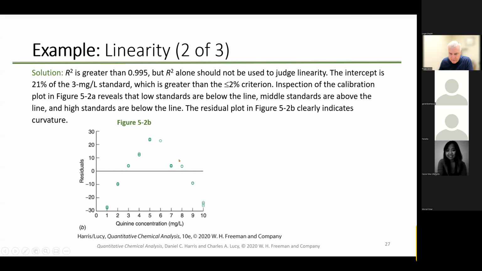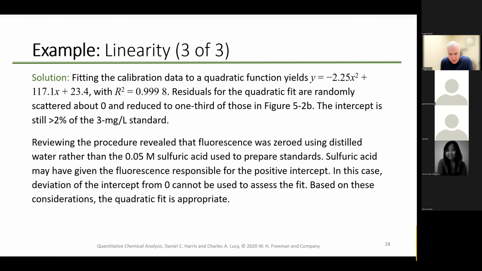It's just x and y, and y predicted, right? And the intercept in this case is still about 2% of the 3 mg standard.